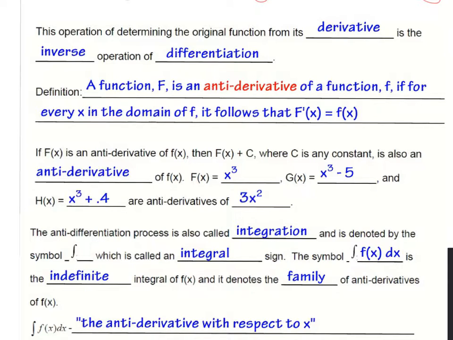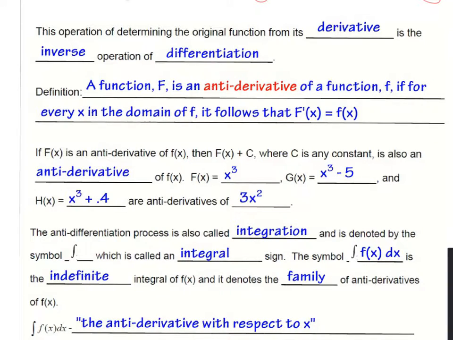So when we go backwards in math, it's called an inverse. So the operation of determining the original function when you're given the derivative is the inverse of differentiation. That inverse is called antiderivative.